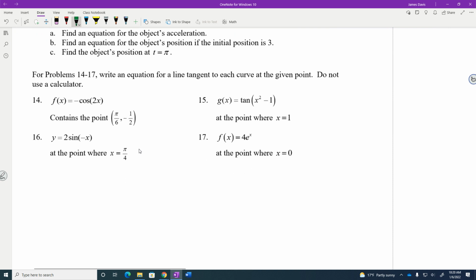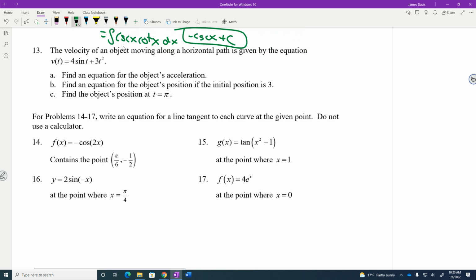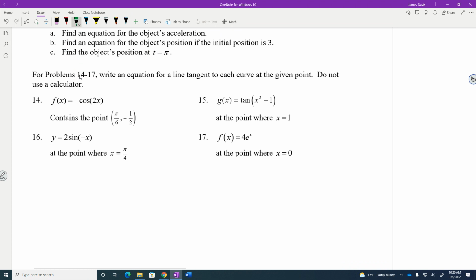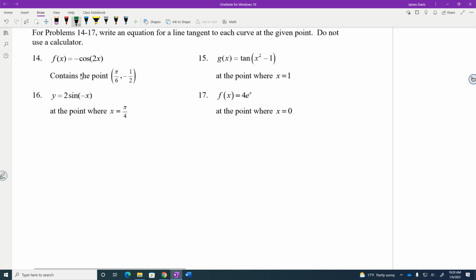Let's try number 14. I think you can do number 13 on your own. That's on a different page for you guys. Number 14, wouldn't hurt to get a little extra practice with these trig functions.